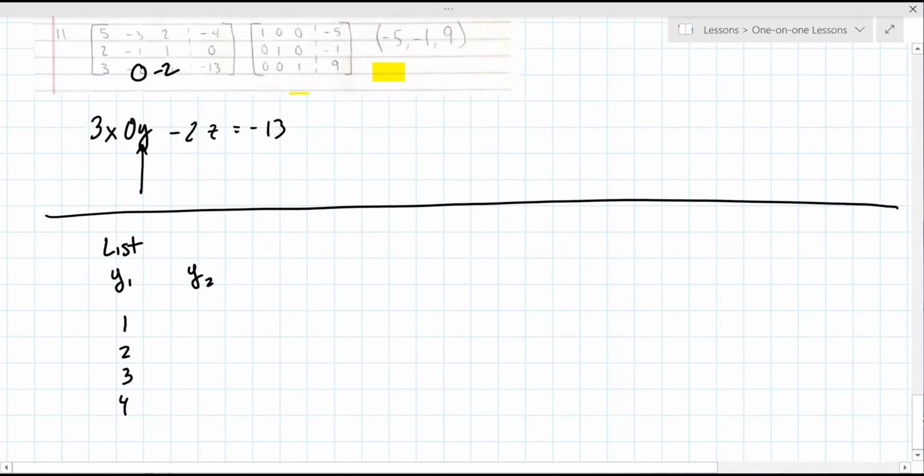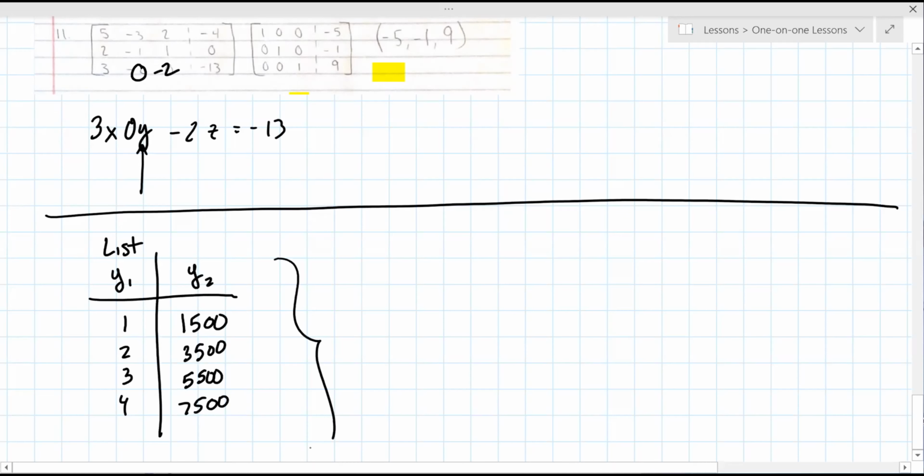And Y2, you're going to put in 1500, 3500, 5500, 7500. When you get that done, we can then talk about what to do next. I don't really have an ability to share a calculator screen, so I'm going to do this in a different way, and we'll hopefully get the same results.